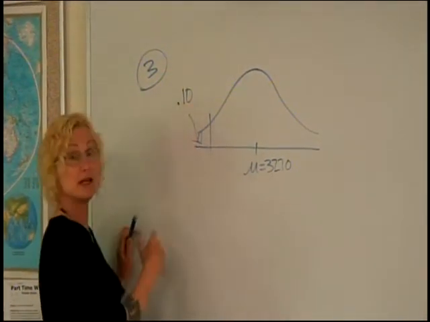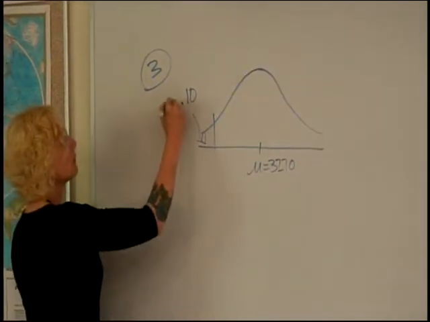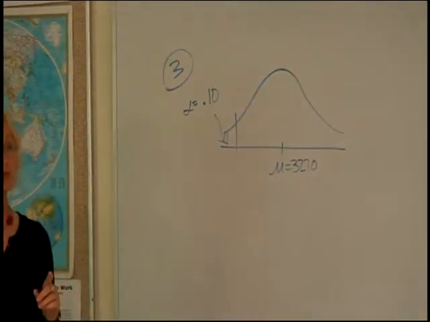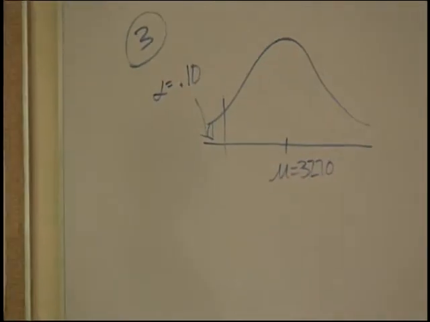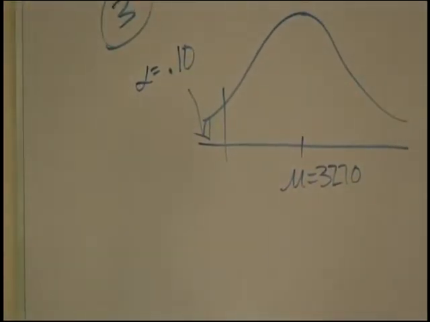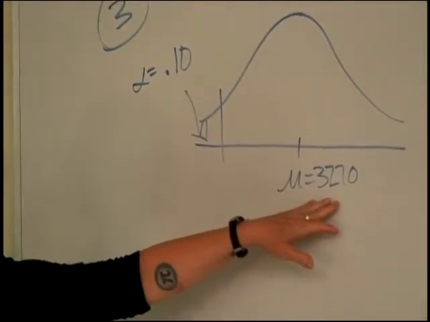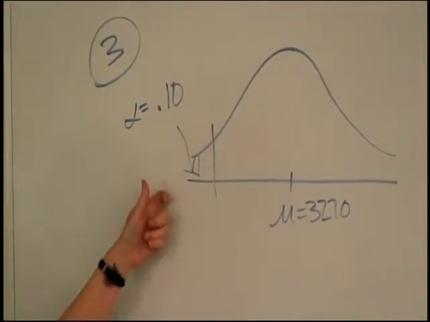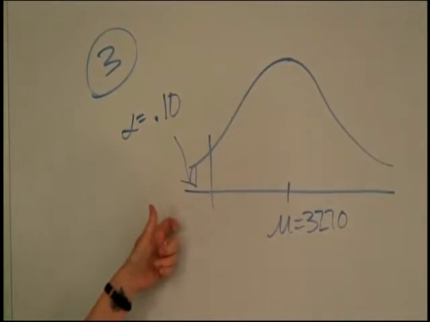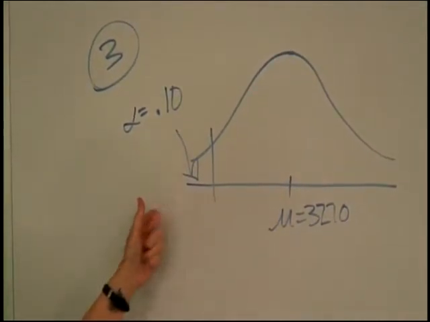It's the probability of making a type 1 error. So we're willing to take a 10% risk that the true mean is really, really close to the 3270, but we reject it anyway. Okay, you with me?